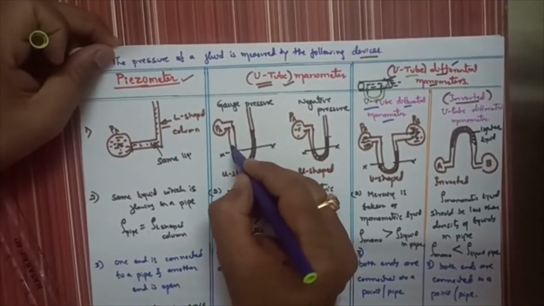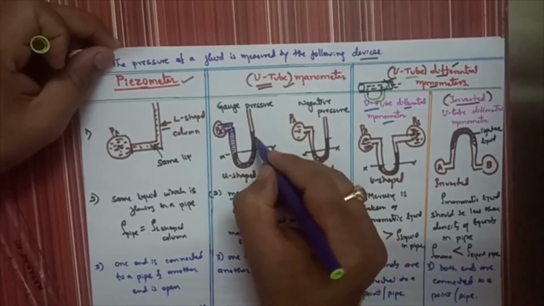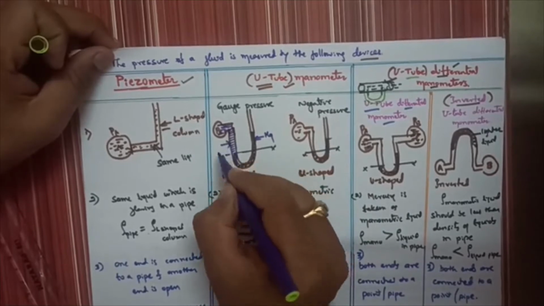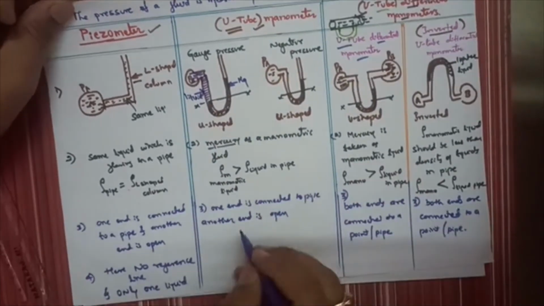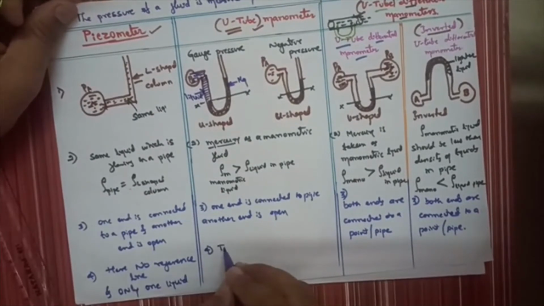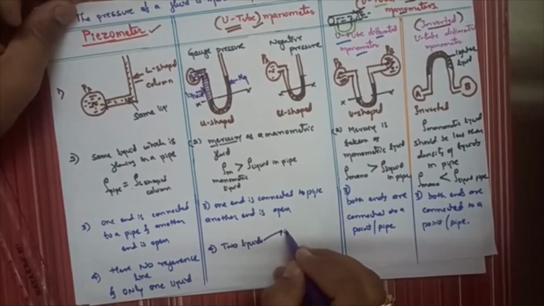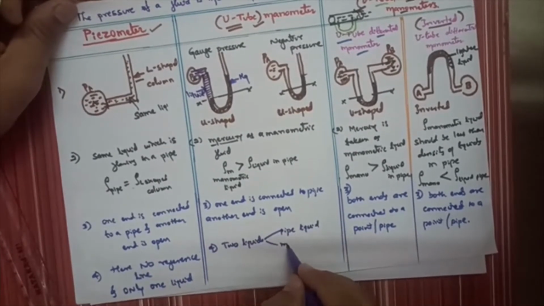One is the liquid which is flowing in the pipe, and another one is the manometric fluid, that is mercury. How many liquids? Fourth difference, two liquids: pipe liquid and manometric liquid.